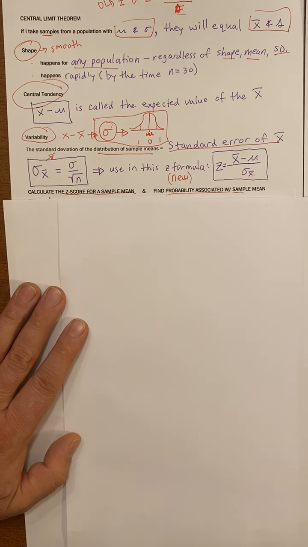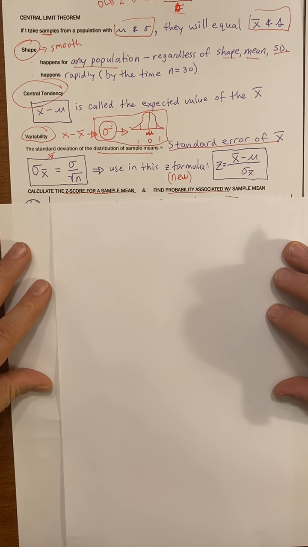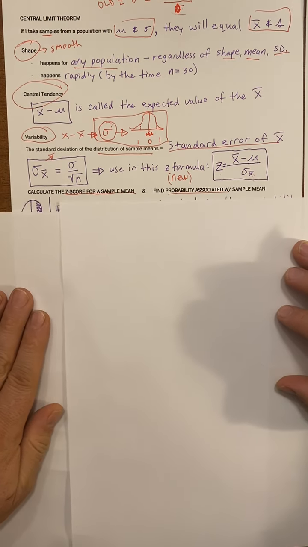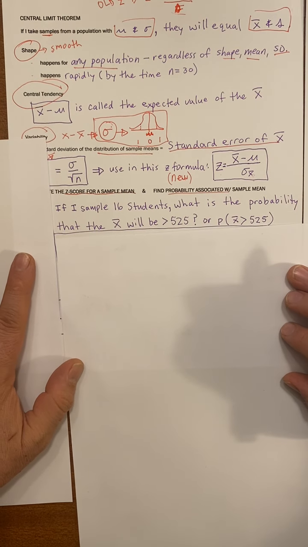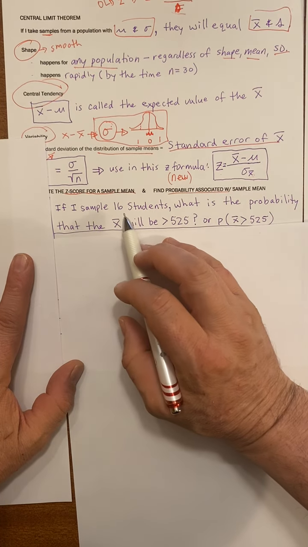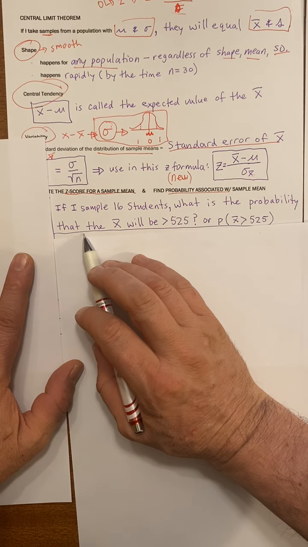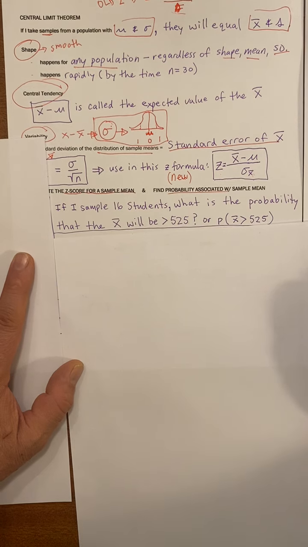Let's just say that there is a bit of an added step, but let's go through a problem to see how this works. Let's say that our problem is this to begin with. If I sample 16 students, what is the probability that the sample mean will be greater than 525?